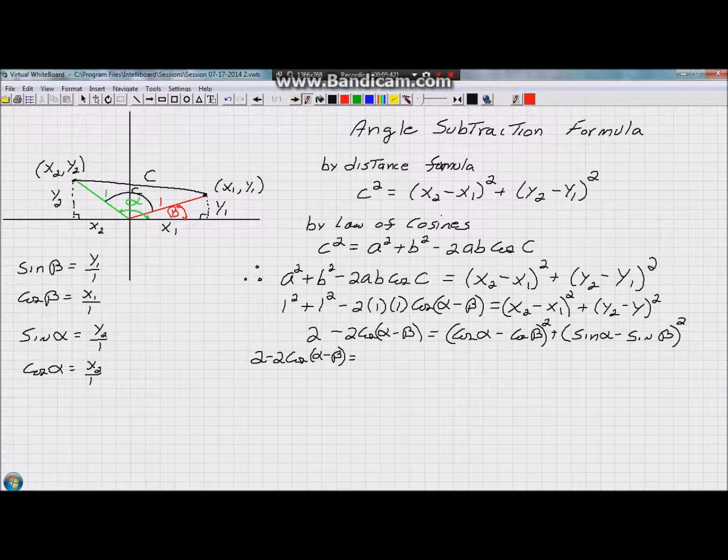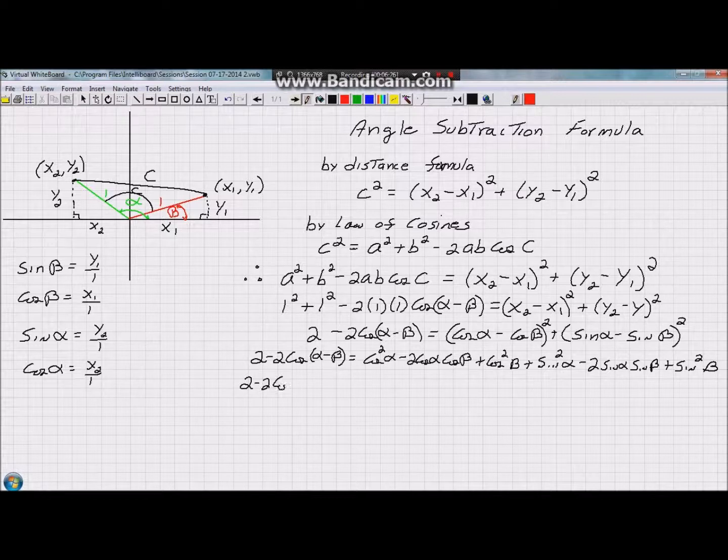I'm going to square both sets of parentheses and get cosine squared alpha minus 2 cosine alpha cosine beta plus cosine squared beta. I square the second parentheses to get sine squared alpha minus 2 sine alpha sine beta plus sine squared beta.